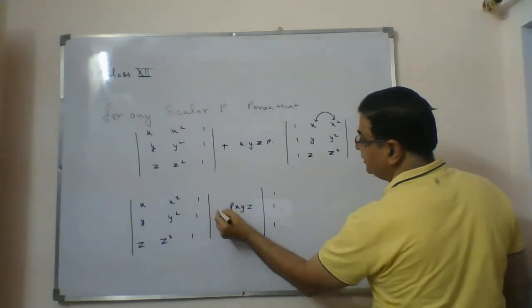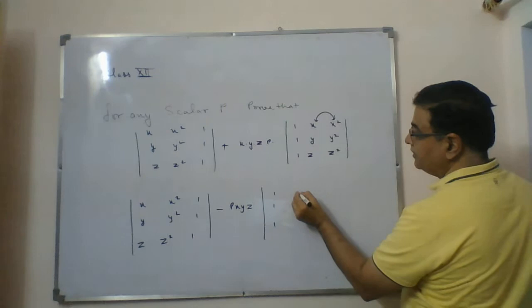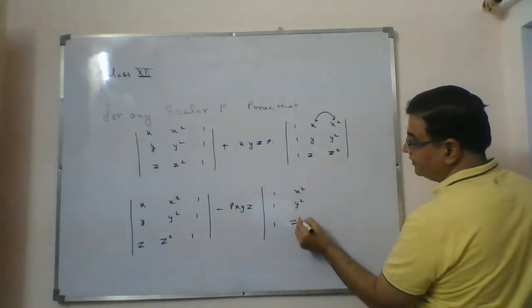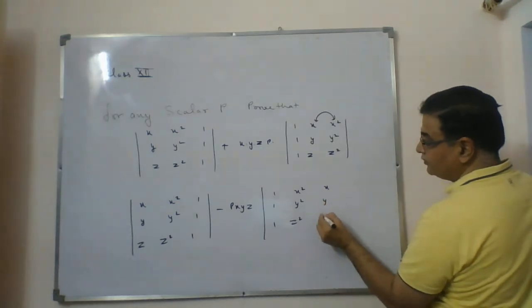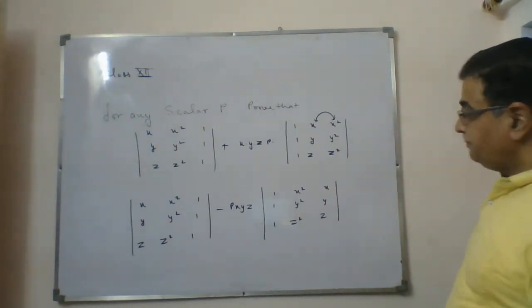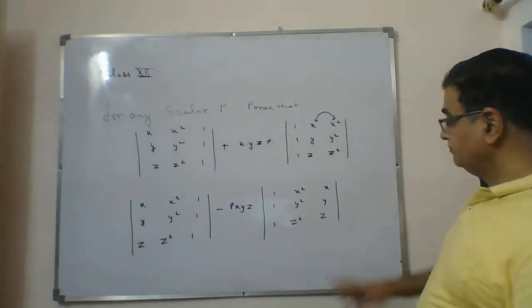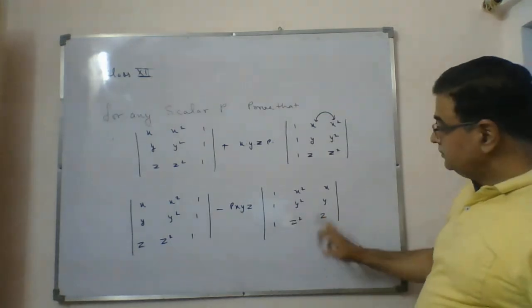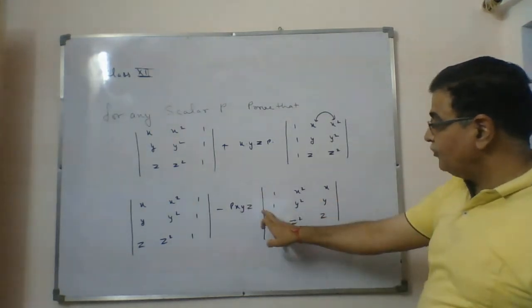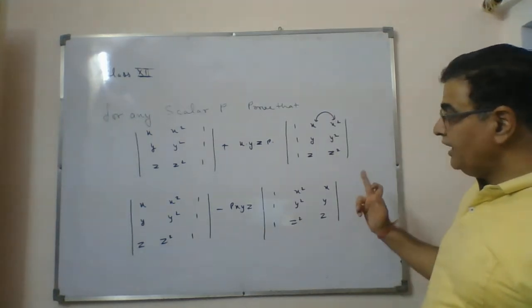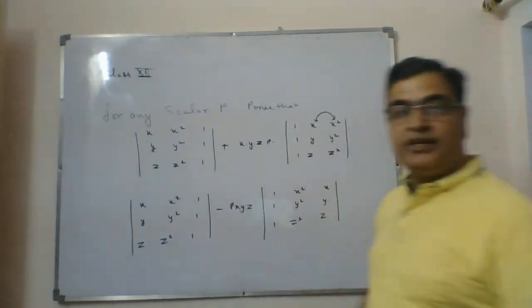Minus will come here. Then it will be x square, y square, z square, x, y, and z. One more change: this and this can interchange now because I want x, y, z at the first place, 1, 1, 1 at this place. If you want that, or you change this, that is one and the same thing.